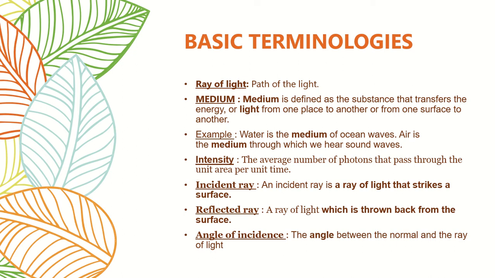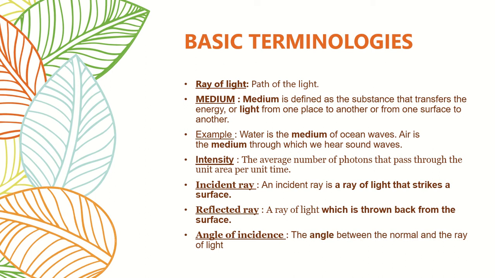The number of particles called photons which are incident on that unit area per unit time is known as intensity. You may already know what a photon is. A photon is the smallest particle of light, which is an energy packet. So the number of photons incident on unit area per unit time is known as intensity.